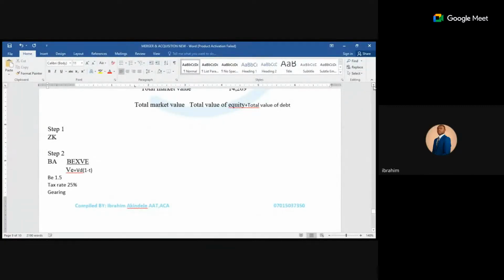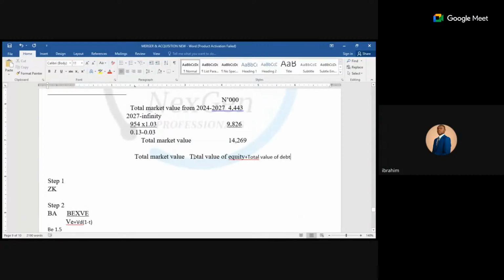Now don't forget WACC. What gives you the total market value? Is it not the total value of equity and the total market value of debt?